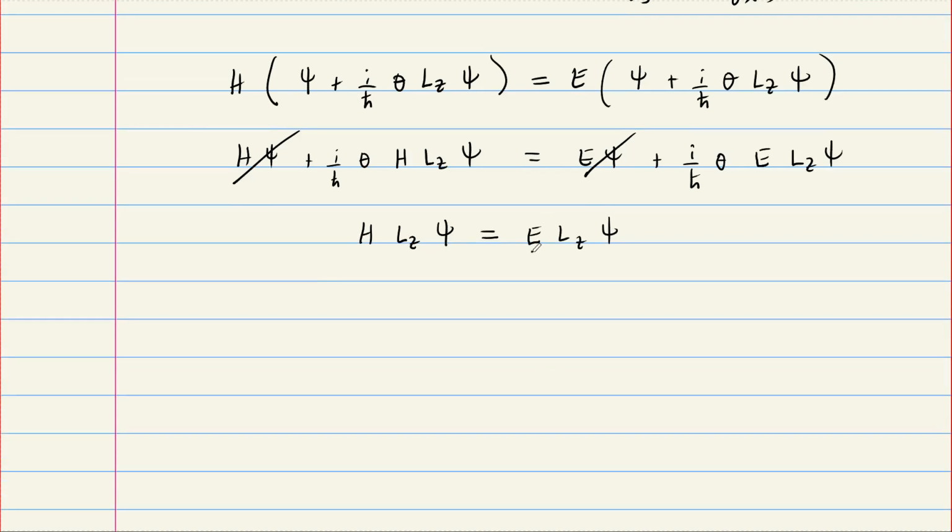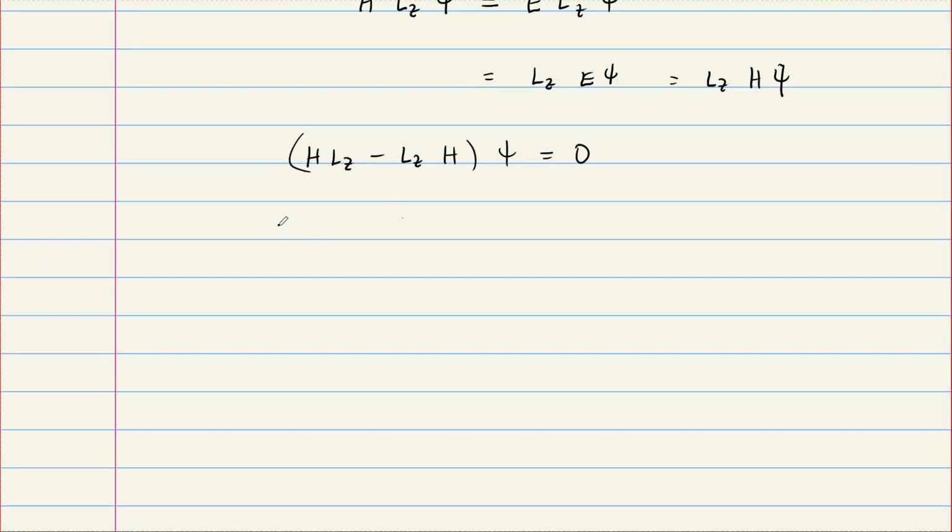Good. Now, this is just a number, I can just commute it through Lz. So this is Lz times E psi. And E psi from the original equation is equal to Lz H psi. Now I can combine this and this on the same side. And what I find is (H Lz minus Lz H) acting on any function psi is 0.